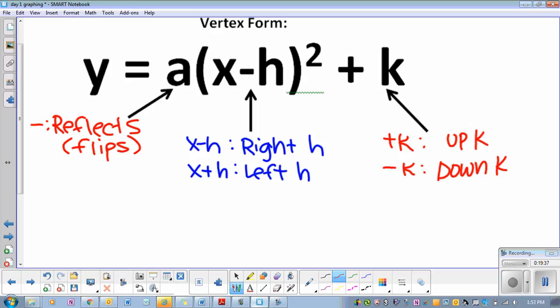But if your A number is greater than 1, what does that do? Like you have a 3 or a 2 or something in the front, bigger than 1. Good. Thank you, Jenny. Stretch. How about if your number is between 0 and 1, like 1/2, 1/3? Compress. Thank you. Super. Thanks.